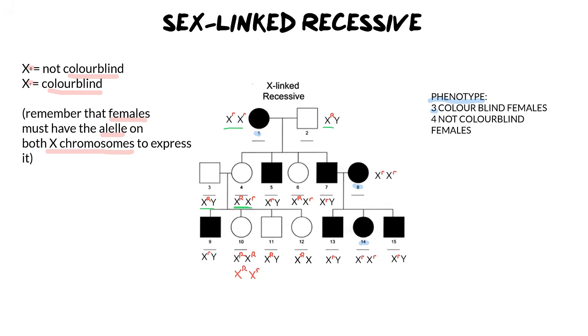They are colorblind. However, there are 4 females that are not colorblind, and that's 4, 6, 10, and 12. Now, I know that they are carriers, but remember, a carrier is not a phenotype. You cannot write the word carrier. If you do, just to help you remember what it is, you must always put it in brackets.